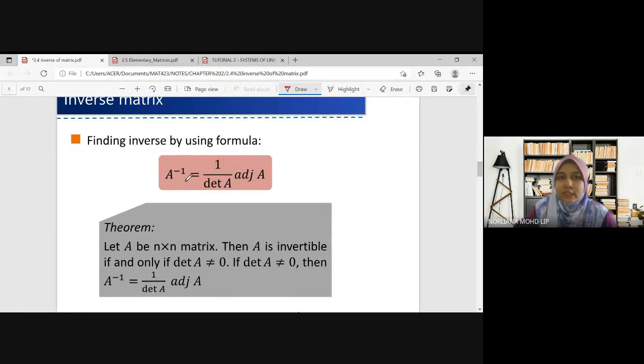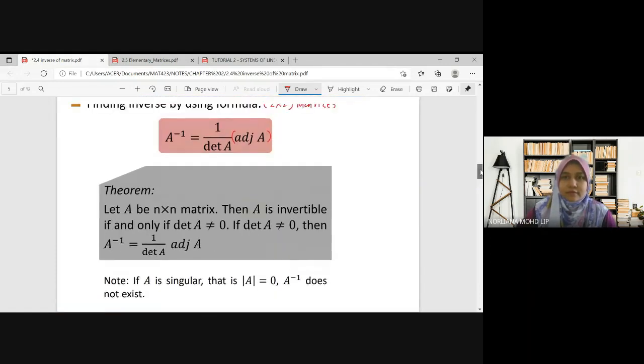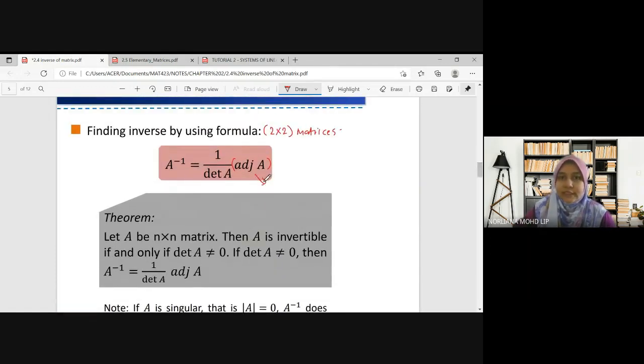A inverse is equal to 1 over determinant of A times adjacent of A. Untuk yang ni, using formula ni, valid for matrix. Normally kat sini kita akan gunakan for matrix size 2 by 2 lah. Ini tadi. Adjacent lah ni.